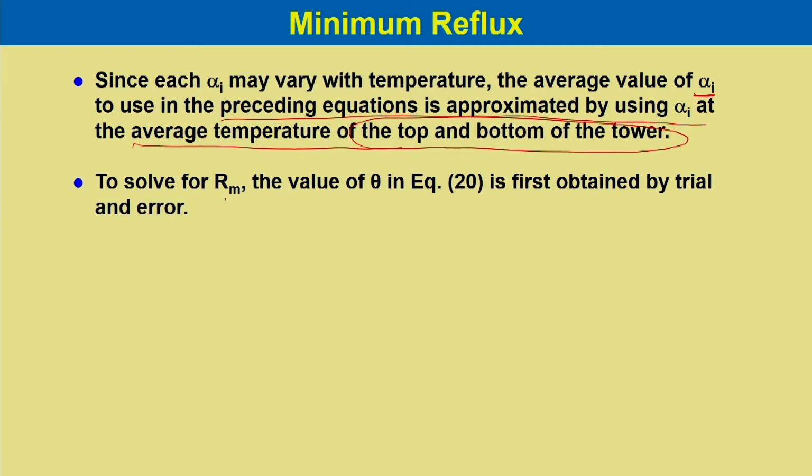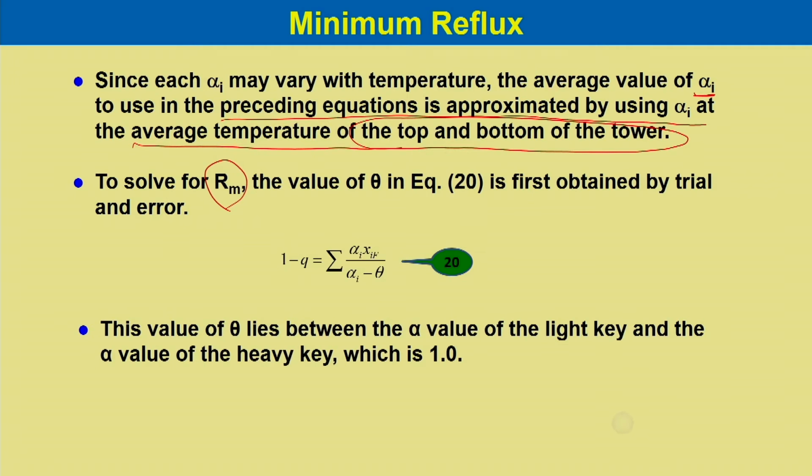Now, to solve for Rm, the value of theta in equation 20 is first obtained by trial and error. Then that is put in the next equation, equation 21, to calculate Rm.